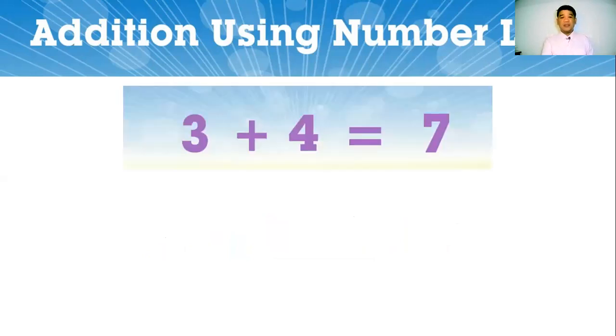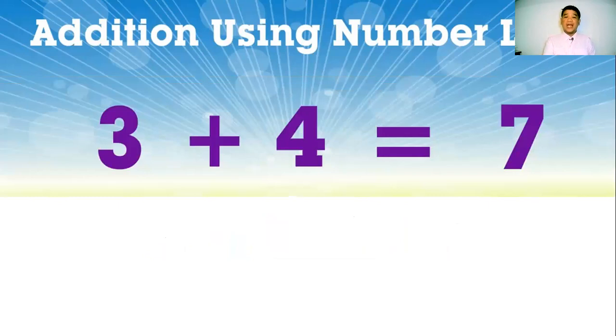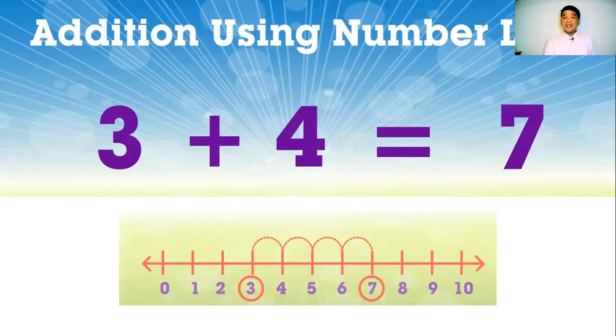As I said earlier, you will learn how to add the numbers using the number lines. Say, for example, 3 plus 4 equals 7. So that it is not confusing and is easy for you to add the numbers, we will use the number lines.